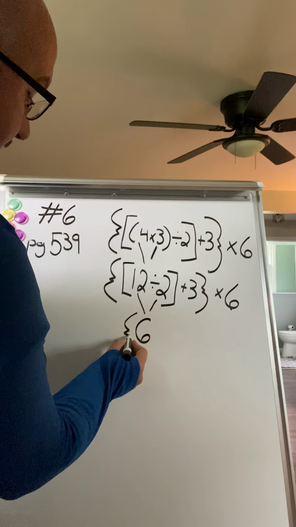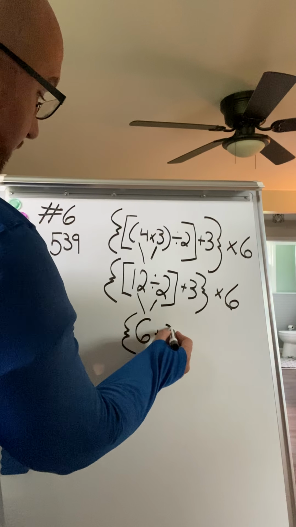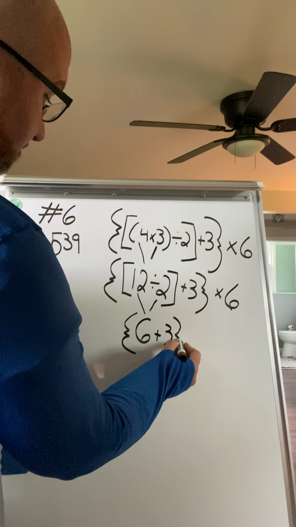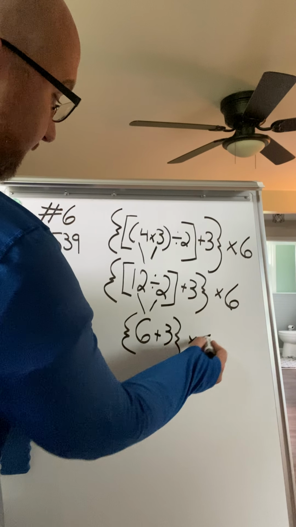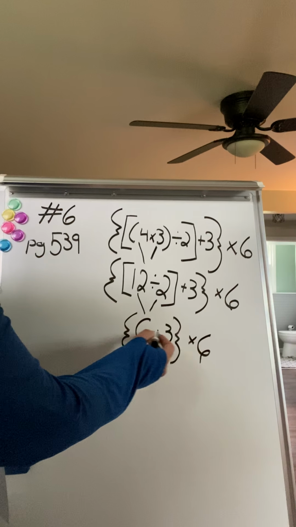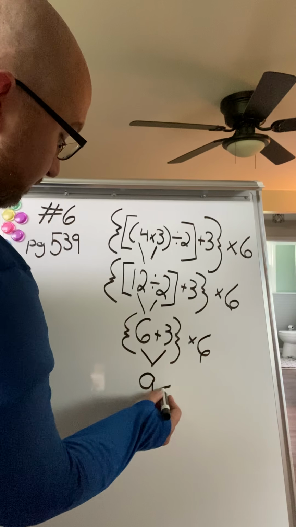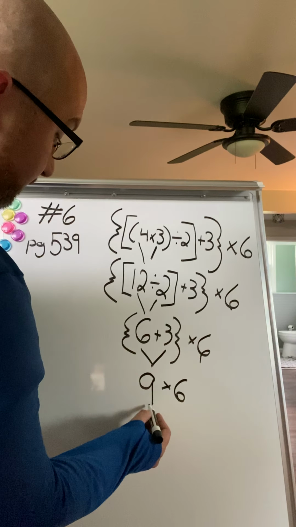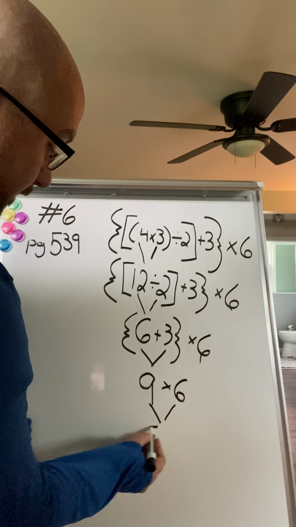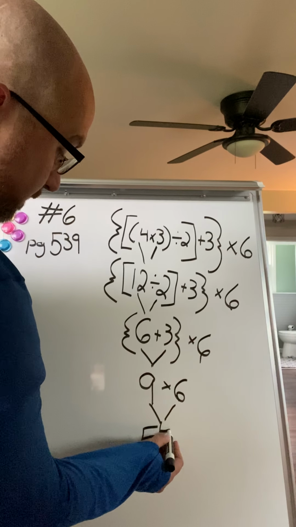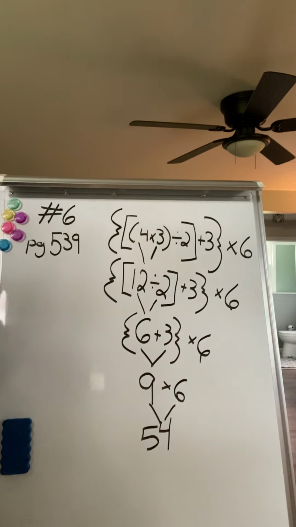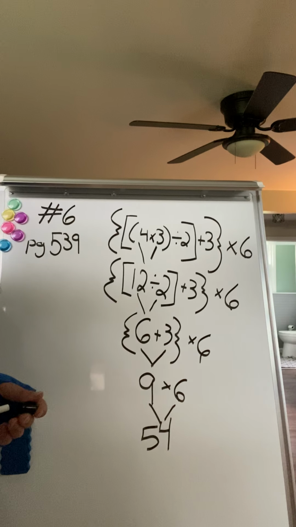So I just have my braces left. Times 6. So now I can do 6 plus 3, which I know is 9, times 6 is 54.